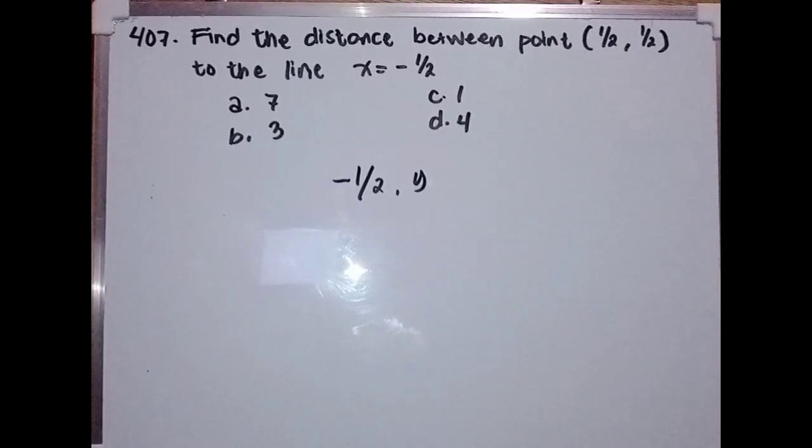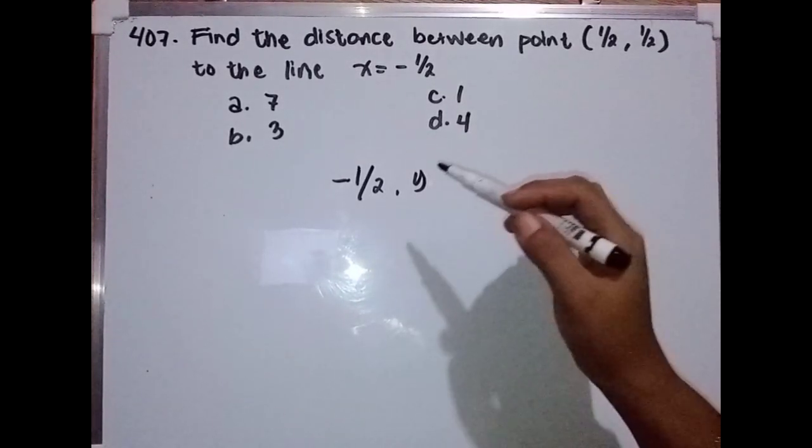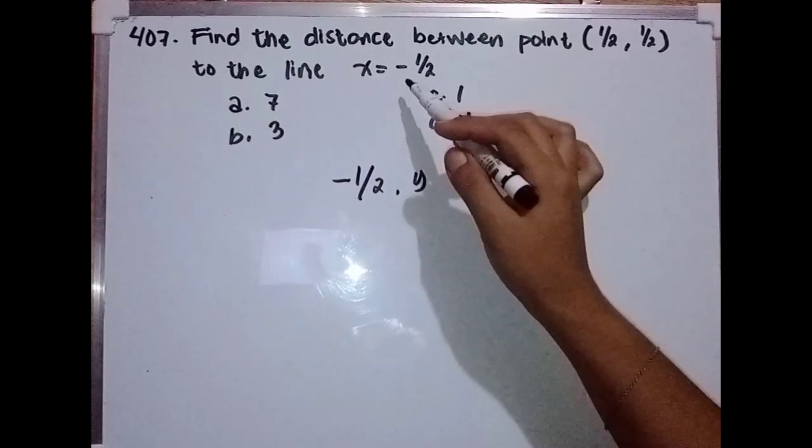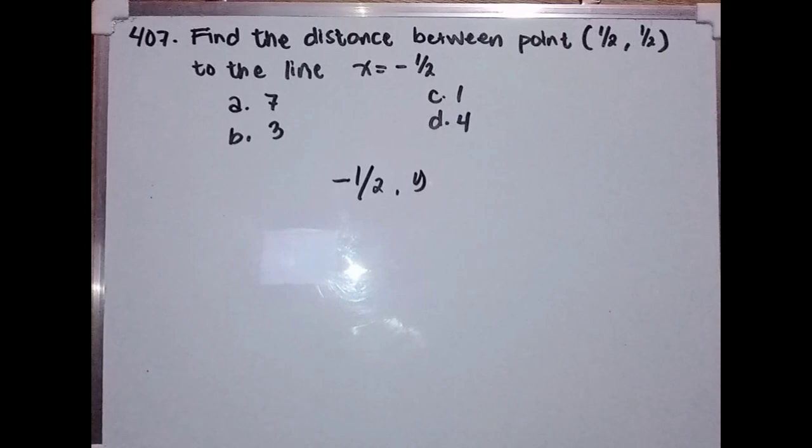So therefore, the shortest distance from the point (1/2, 1/2) to the line x is equal to negative 1/2 is the horizontal distance between the point and line. So the horizontal distance is simply the absolute value of the difference between the x coordinates of the point and any point of the line.